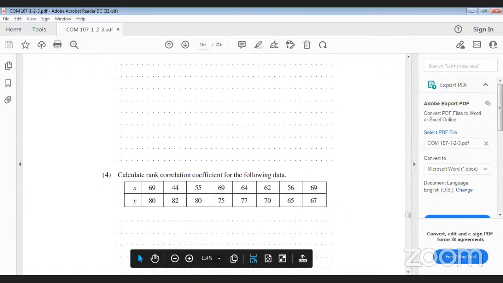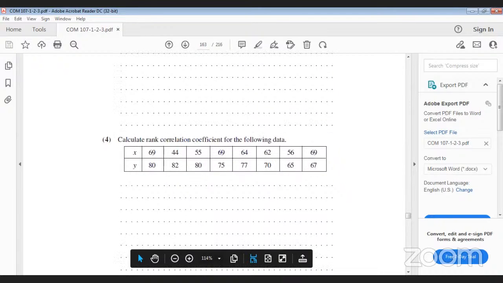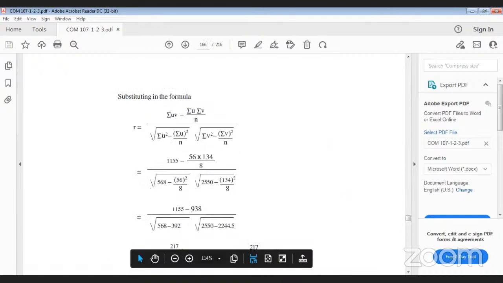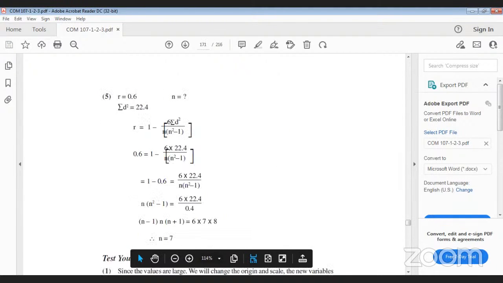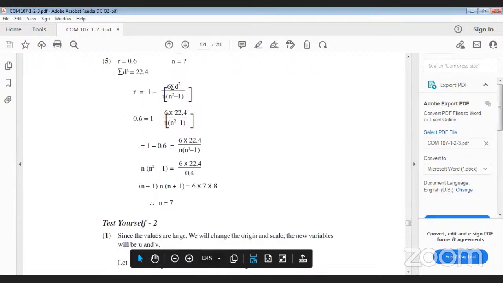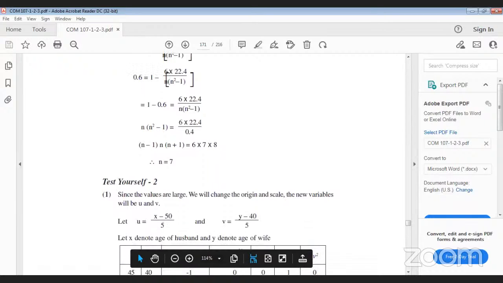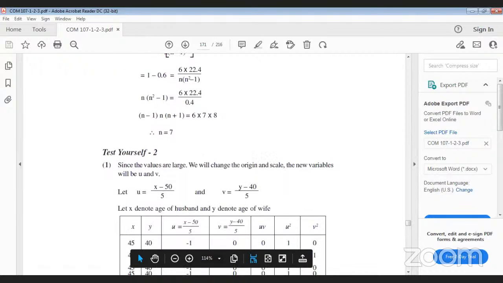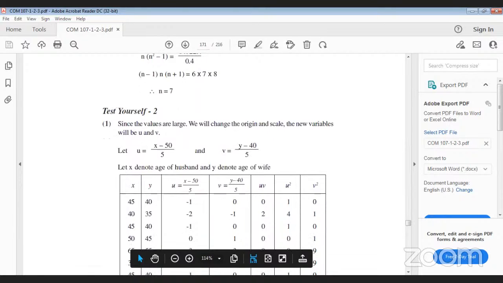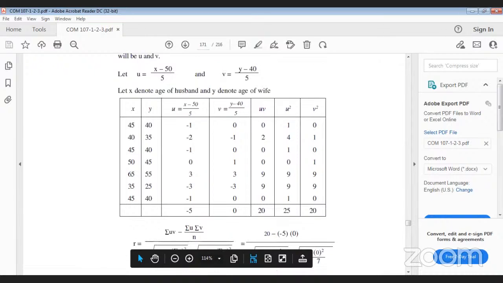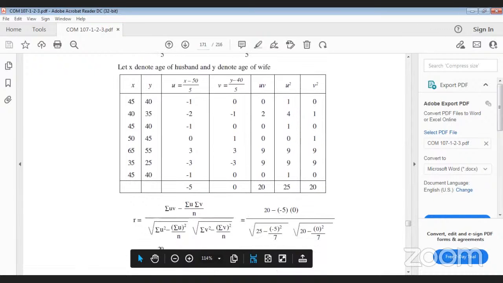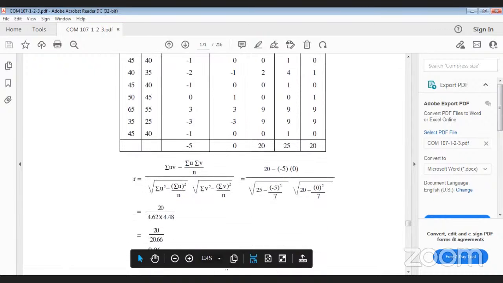D square: 4 plus 1 plus 1 plus 16 plus 4 plus 16, the total should be 42 here.